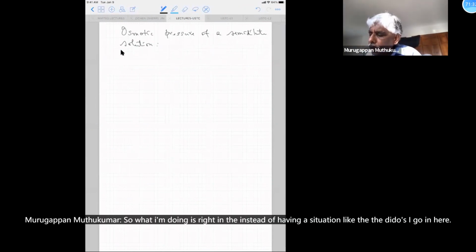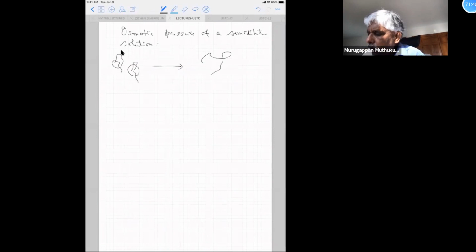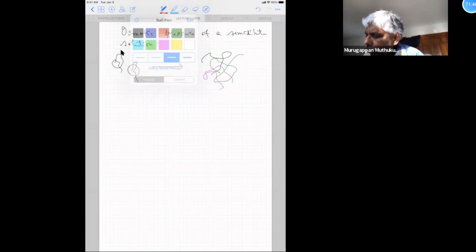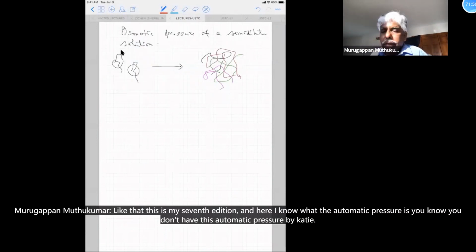So instead of having a situation like this, the dilute, I go in here. This is my semi-dilute condition. And here I know what the osmotic pressure is.